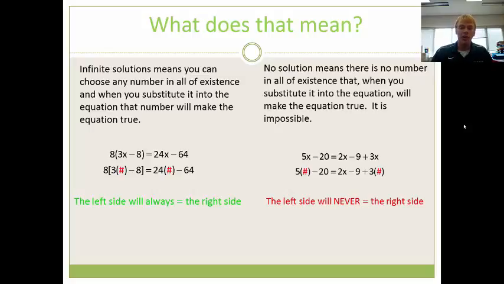And conversely, no solution means that of all the numbers you could possibly come up with, not a single one will make the left-hand side equal to the right-hand side. This is what we really mean when we talk about solutions. Again, we're always tying it back to: does it make the equation true? Does it make the left-hand side equal the right-hand side?